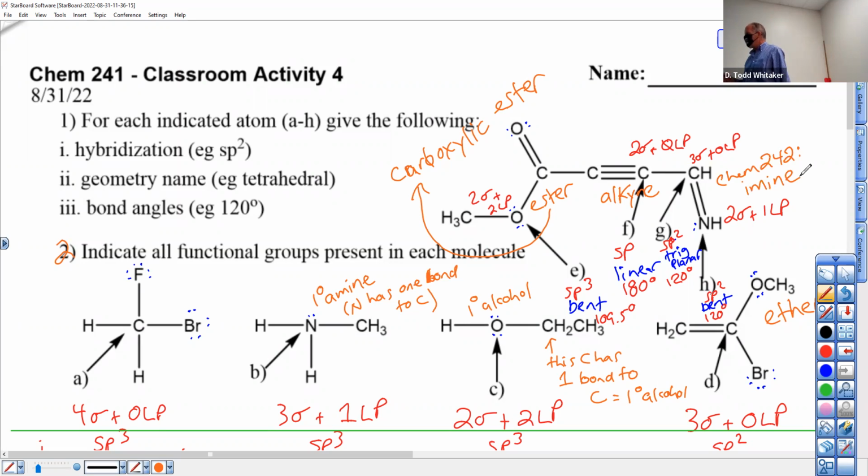Except there's a double bond between the C and the N. It's an imine. My favorite example of imines: you've got an imine in your eye. When retinal combines with a protein in your eye called opsin, it forms an imine bond between the 2. And now that thing absorbs light and changes the shape of the protein. And an electrical signal is sent to your brain. And it says, I see the light. It's very cool stuff.